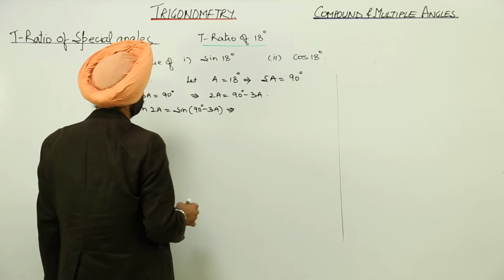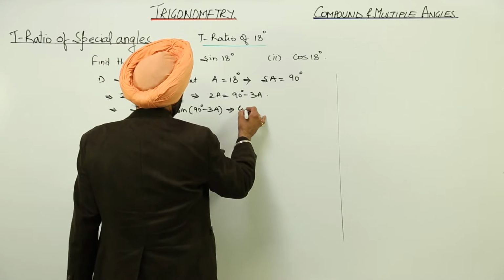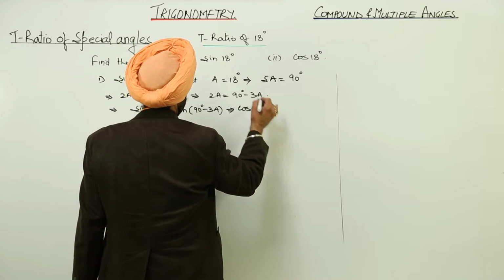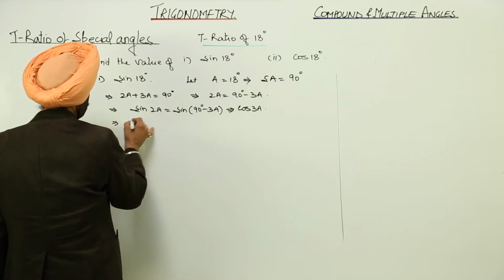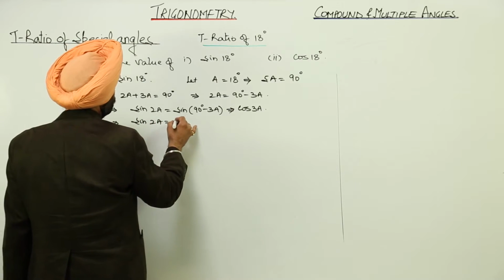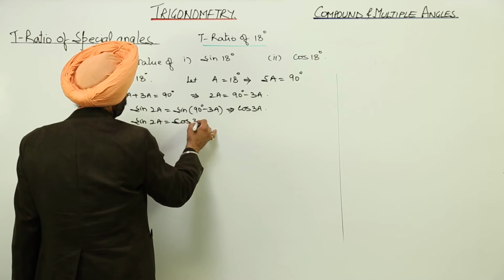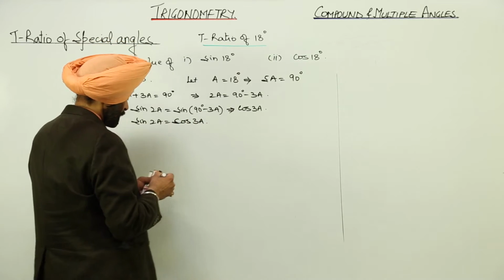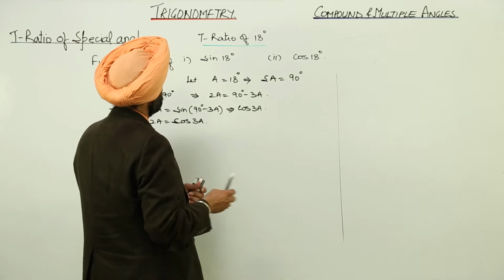Now this gives cos 3A. So sin 2A is equal to cos 3A.